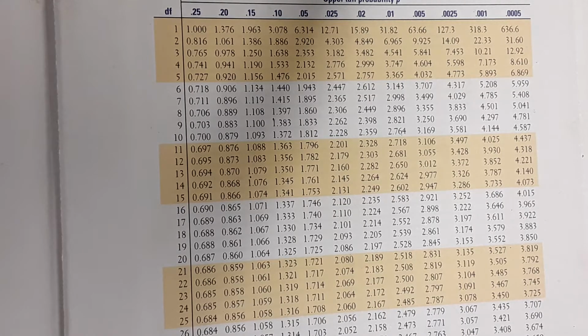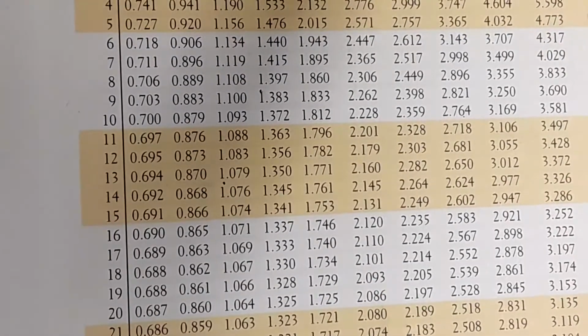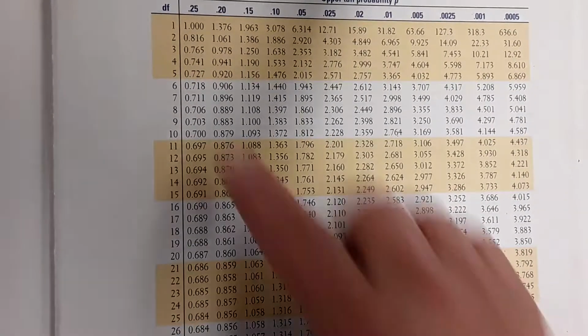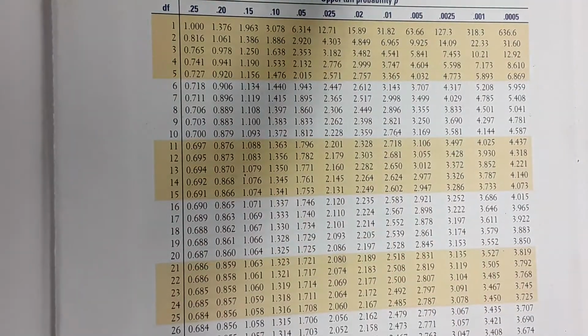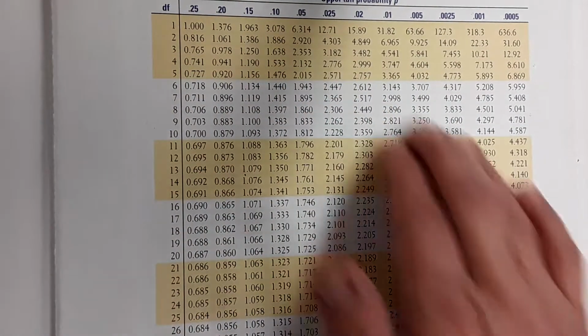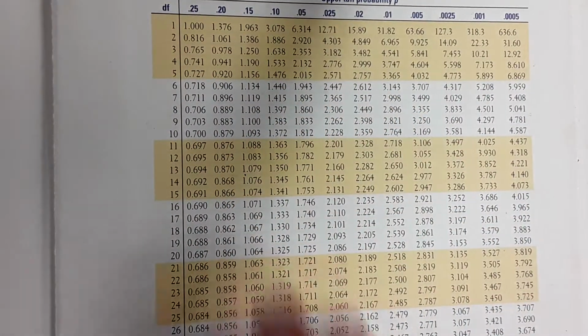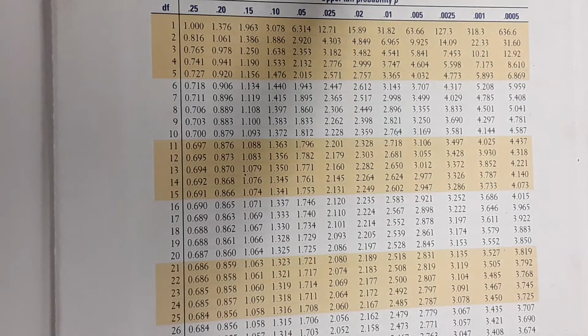So T star is something that happens with your sample, and it happens with degrees of freedom. These are your degrees of freedom on this side right here. Inside right here is your T star.